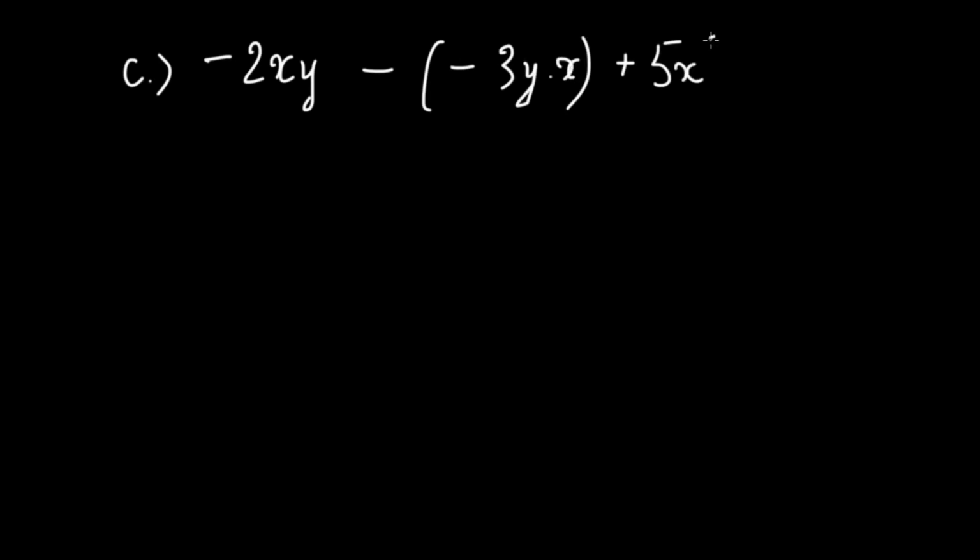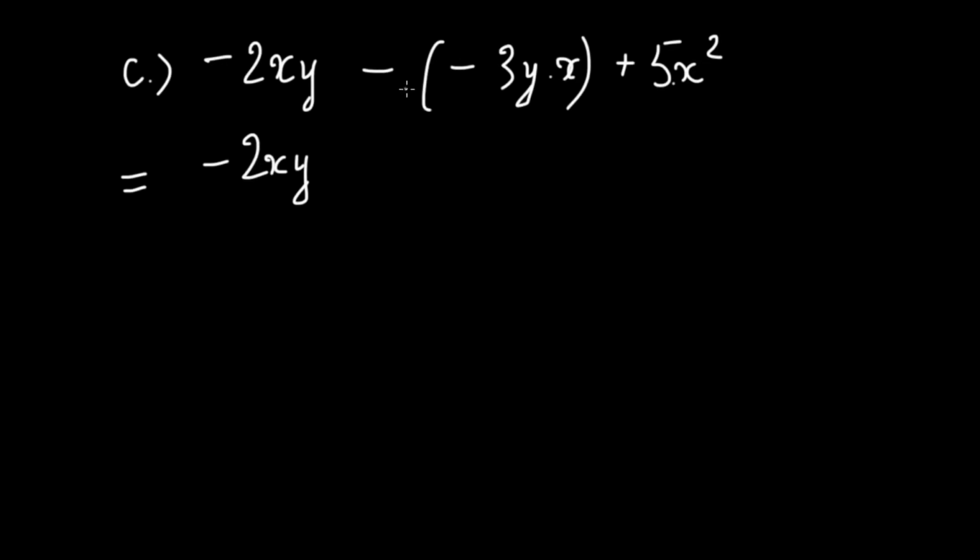Now we have negative 2xy minus negative 3yx plus 5x squared. First of all, we need to simplify a little bit. Negative 2xy, you put it down right here.